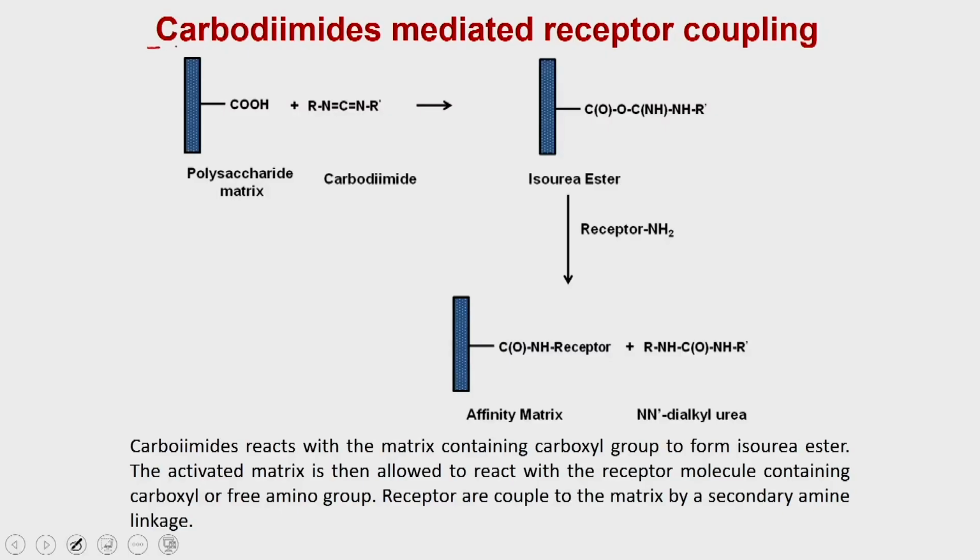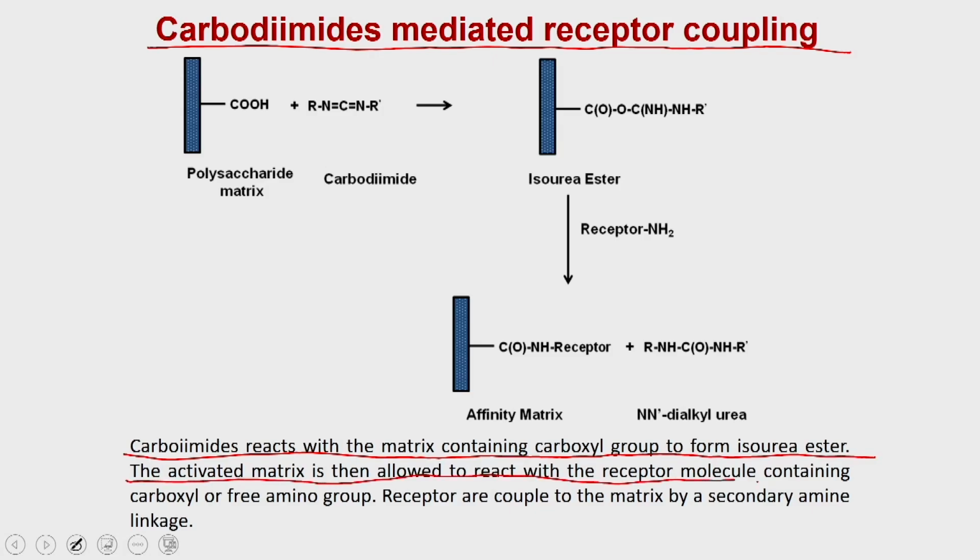The second is the carbodiimide mediated receptor coupling. In the carbodiimide method, the reagents react with the matrix containing carboxyl group to form the isourea ester. The activated matrix is then allowed to react with the receptor molecule containing carboxyl or free amino group.